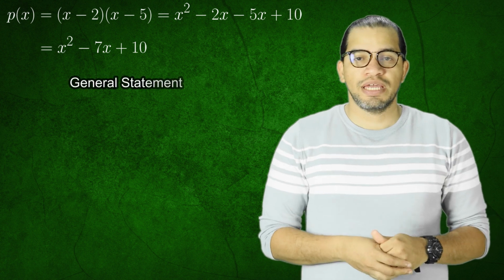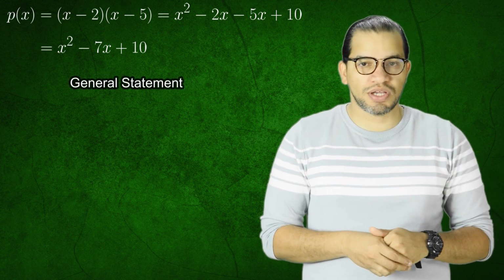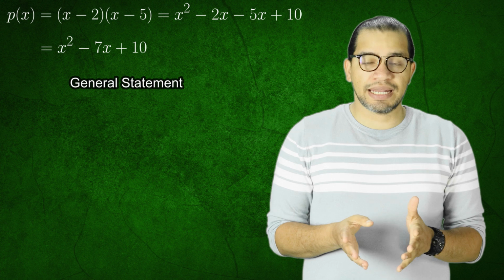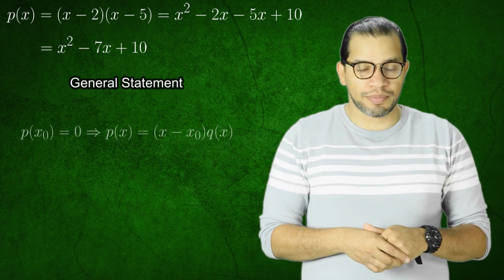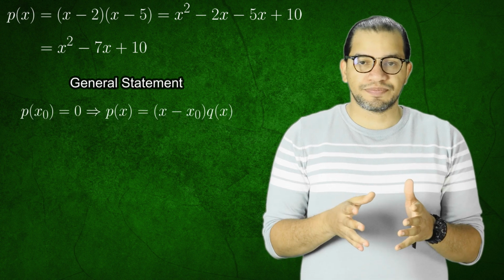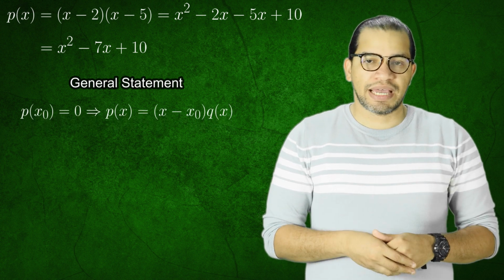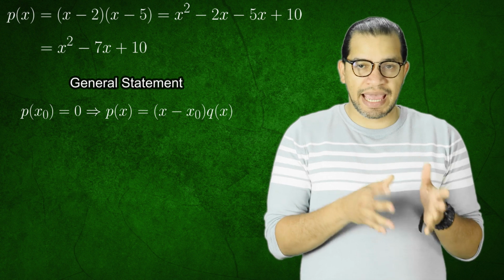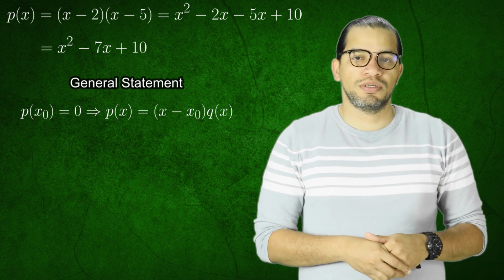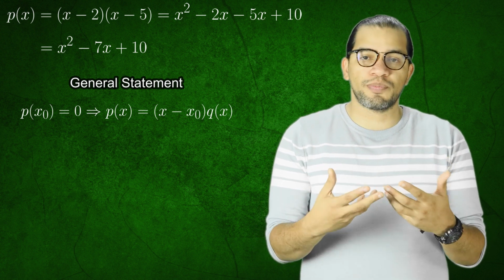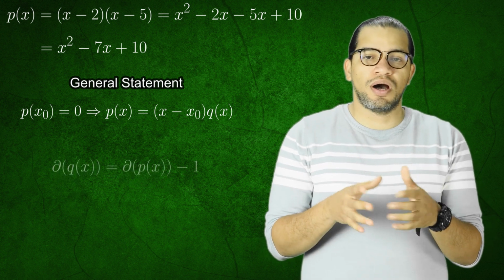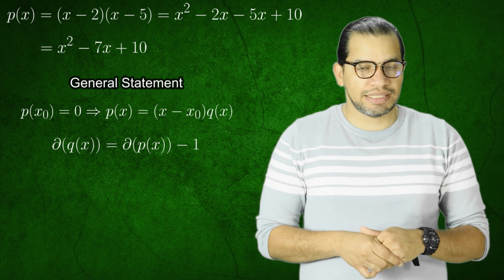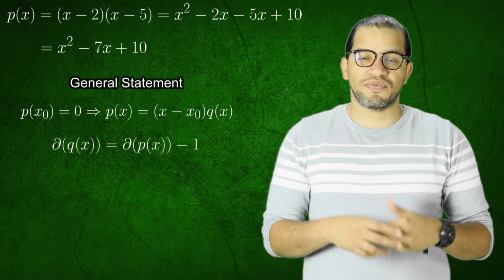Actually, in general, if we have a polynomial p of x of degree n and x null is a root of that polynomial, then p of x can be written as x minus x null times another polynomial q of x, where the degree of q of x is equal to the degree of p of x minus 1.